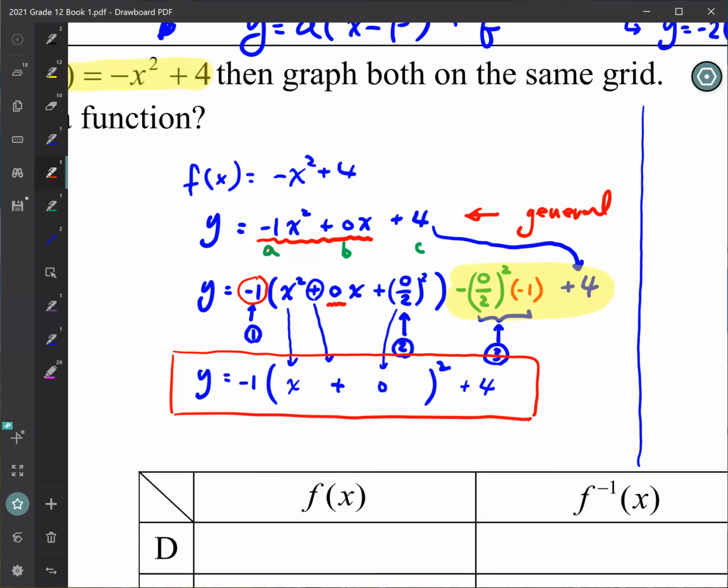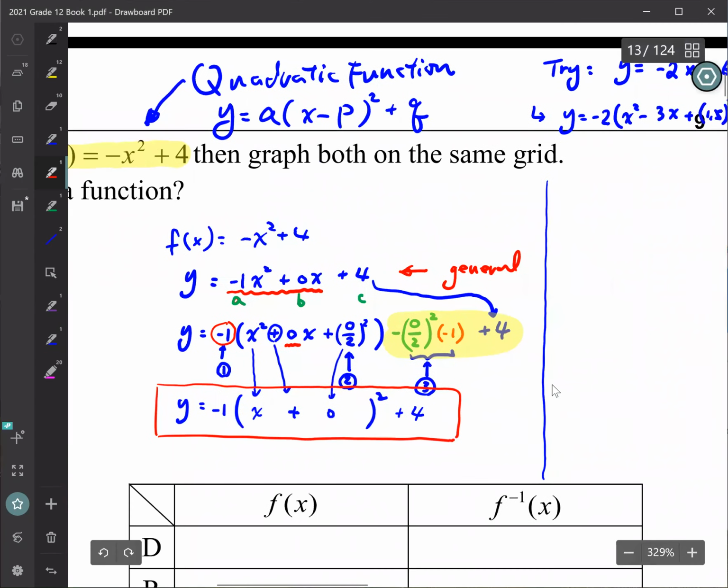Okay. The reason why it works like that, you need to check your grade 11 notes. Okay, I'm just giving you a quick review of how this should be done. Okay, so can you raise your hand once you get to this point?